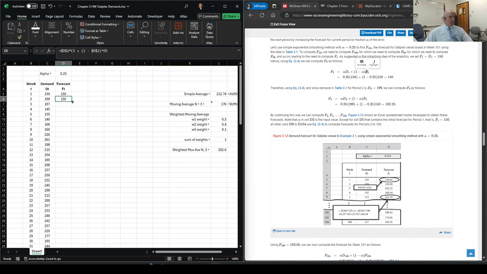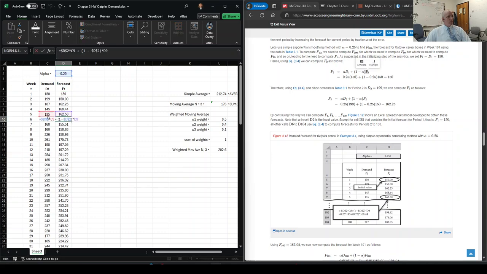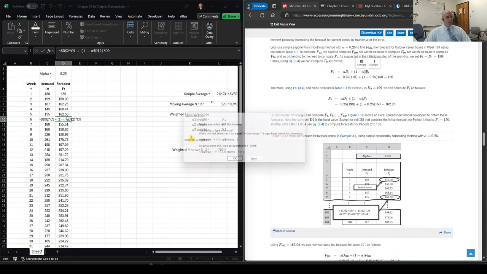And the magic here is I can double click this bottom right corner of the cell, copy it all the way down, and give me a little bit of formatting on the decimals. This column is now the forecast using the simple exponential method: the alpha times the previous demand plus 1 minus the alpha times the previous forecast.